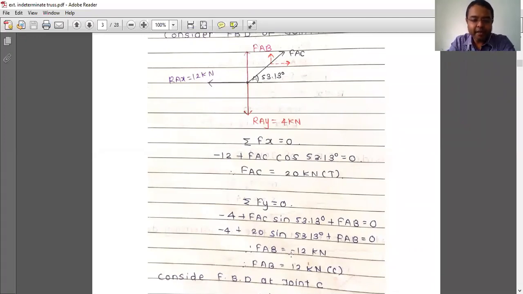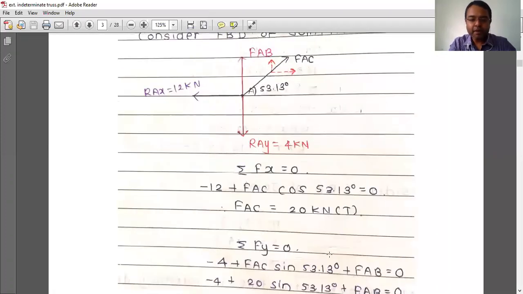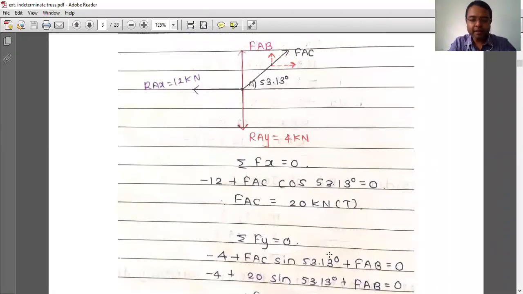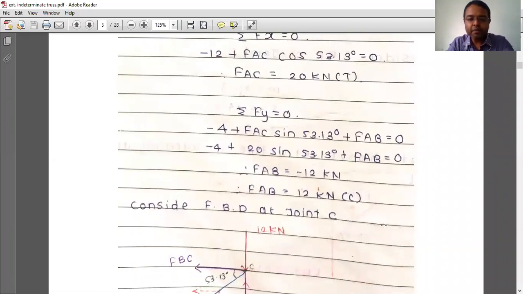From this we can get the force in a member AB. We are getting it as negative. Negative means assumed direction is wrong.